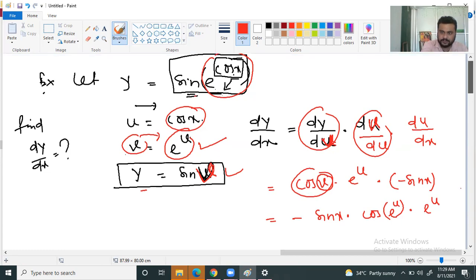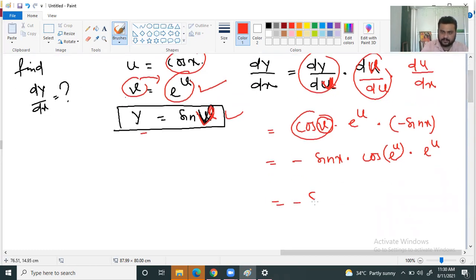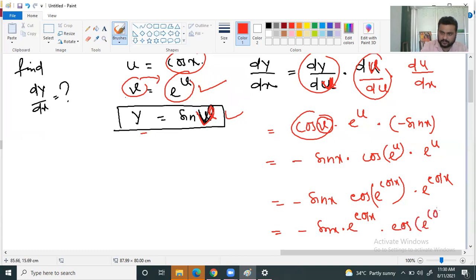Now again substitute u: minus sin x, cos of e to the power u, where u is cos x, into e to the power cos x. So the result is minus sin x e to the power cos x into cos of e to the power cos x. This is our result.